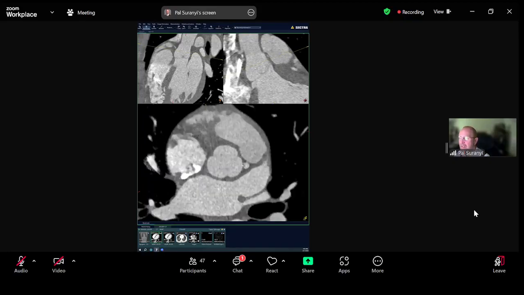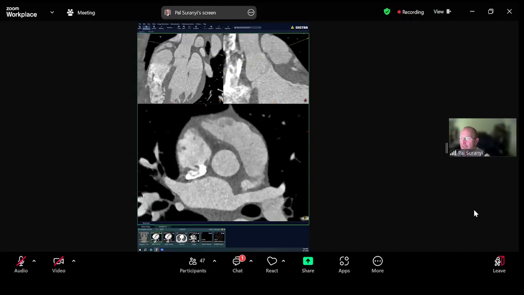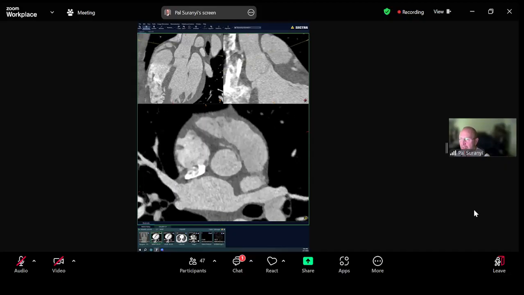But on top of that, we see another coronary artery also arising from the top of the left coronary sinus, very close to the sinotubular junction. Not only that, but it's a very sharp-angle takeoff from this sinus, and a very slit-like orifice.